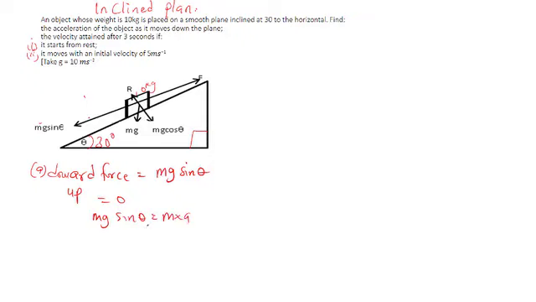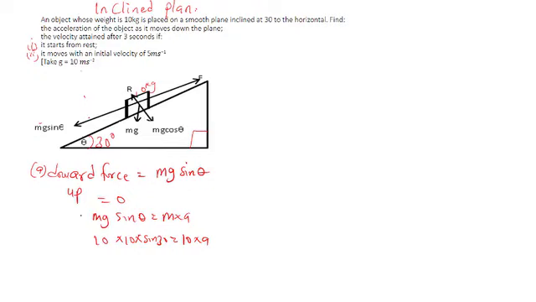Where a is the acceleration down the plane, so this is 10 times sine 30 equal to 10 times a. Remember, they give us the mass to be 10, and acceleration due to gravity we are told to take as 10.